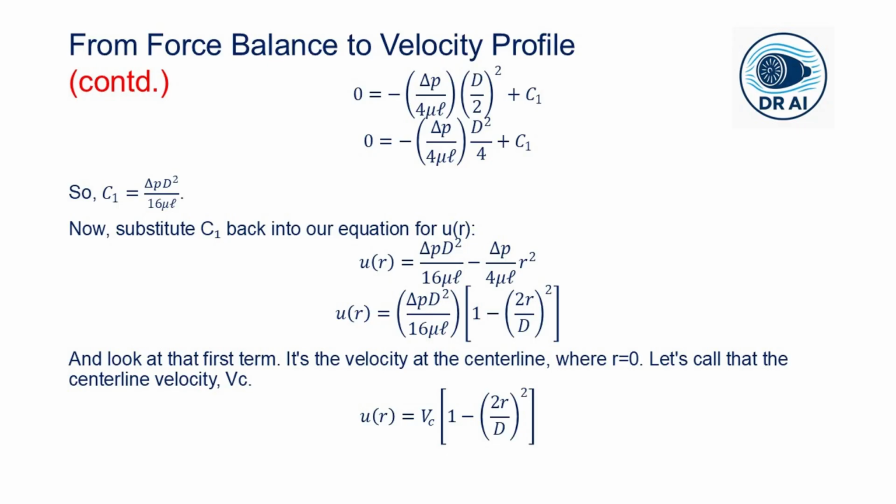It's the velocity at the center line where r is equal to 0. So let us call that the center line velocity Vc. Vc is equal to delta p d squared over 16 mu L. So putting that back in, we get the simplified form: velocity as a function of radius r equals Vc times 1 minus (2r over d) squared.